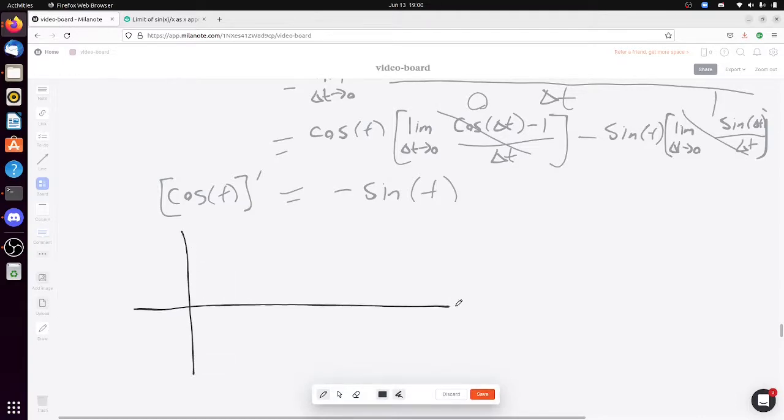So if we graph this, let's say that's pi, and let's make this pi over 4, pi over 2, pi, or 3 pi over 4, and 2 pi, and we'll make that 1, negative 1, and we basically want to graph sine and cosine.